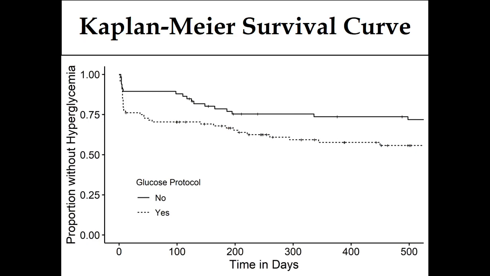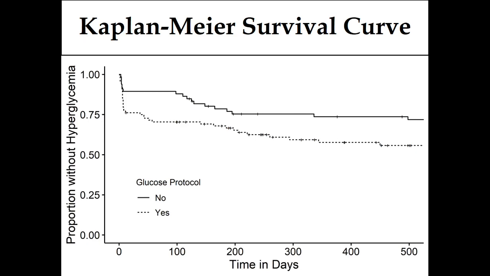That's an exclusion criterion. We're trying to determine how you develop hyperglycemia. So if you have pre-existing hyperglycemia, then we exclude you. So all of our patients are free of hyperglycemia at the starting point. As your x-axis increases along those curves, each time the curve dips a little bit, that means one or more patients at that specific time developed hyperglycemia. And so that proportion without hyperglycemia decreases a little bit.